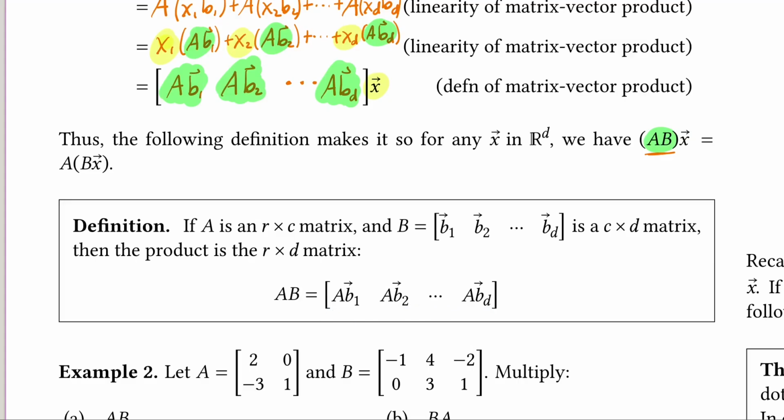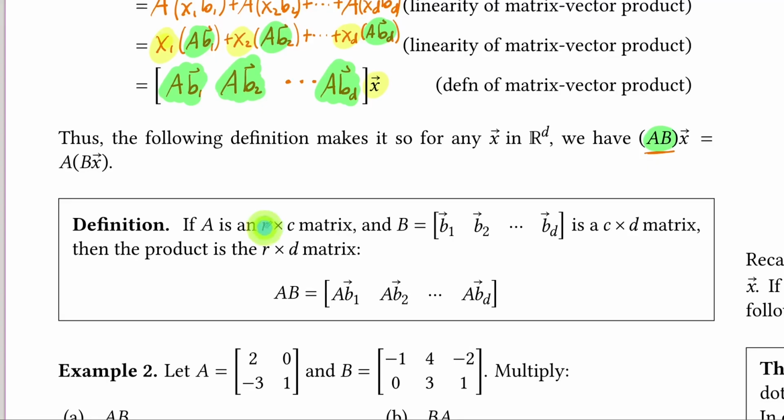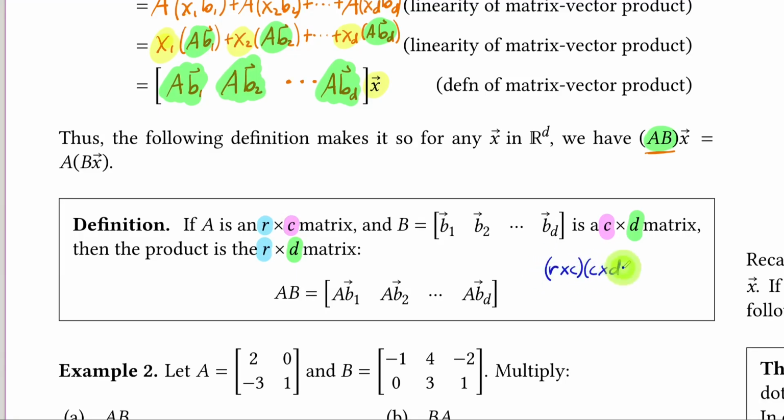Now, let's notice something about the size of this. We started with R by C and C by D, and the C's are the same. Those have to match up. And the result is R by D, like so. It's sort of like the C in the middle cancels out in a way.